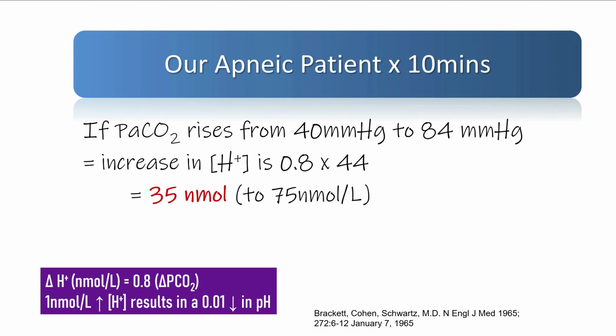The difference is 35 nanomoles or 35 nano equivalents per litre up to 75 nanomoles or nano equivalents per litre. This results in a fall in the pH by 0.35, so his pH will be 7.05.